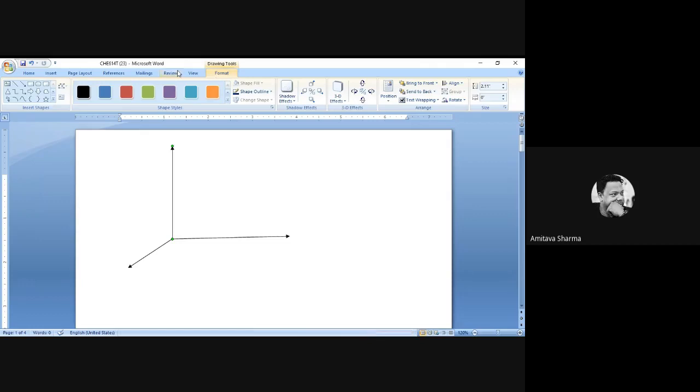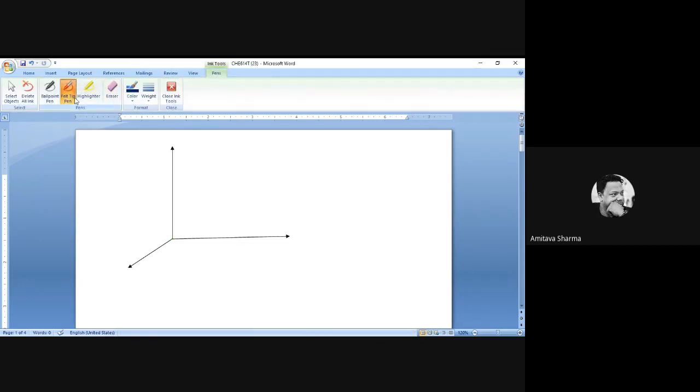Now, if it is the c-axis, this is maybe the x-axis, z, y. So we can say a plane.